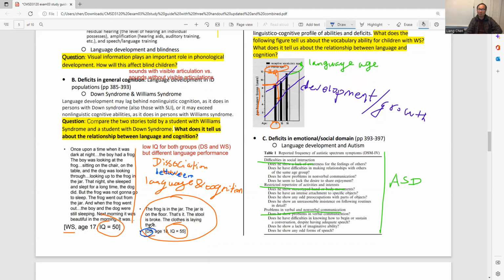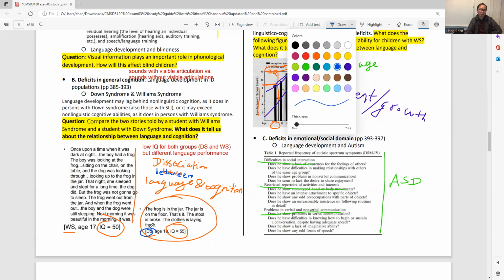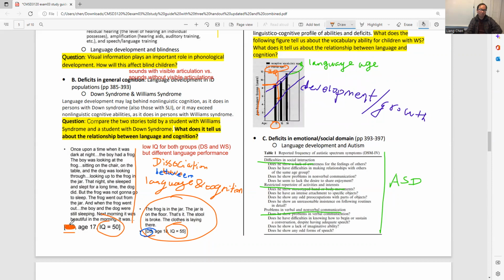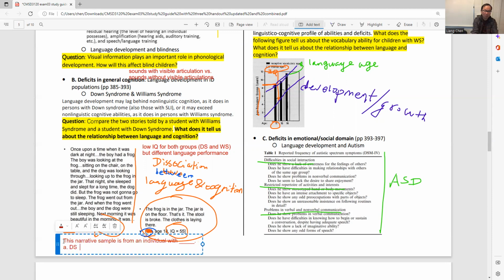So suppose I hide this, and I ask you the question: this narrative sample is from an individual with A, Down syndrome, B, Williams syndrome, C, typically developing.